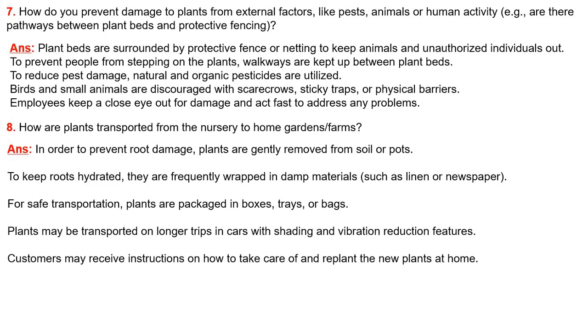For safe transportation, plants are packed in boxes, trays, or bags. Plants may be transported on longer trips in cars with shading and vibration reduction features. Customers may receive instructions on how to take care of and replant the new plants at home.